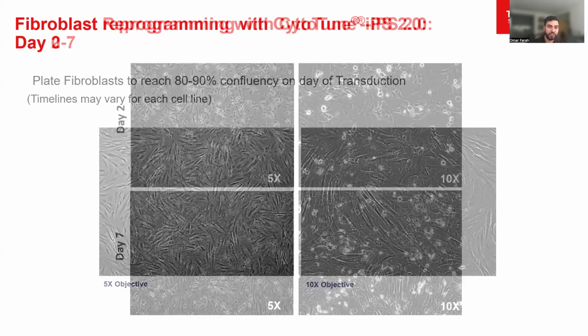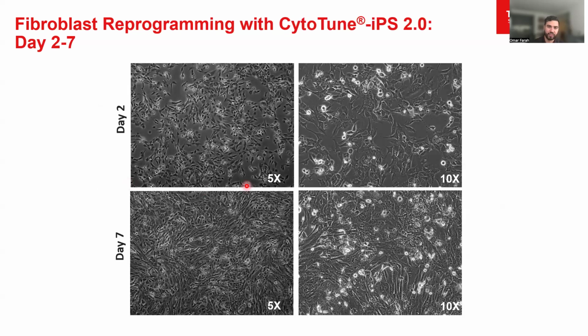But on day 2, right, I briefly described that those cells, as they start undergoing that reprogramming cascade, will shift from their, at least fibroblasts, will shift from their mesenchymal morphology to a more epithelial-like morphology, right, as they undergo MET. And this is a little bit more evident on day 7 as well, as you can see over here.